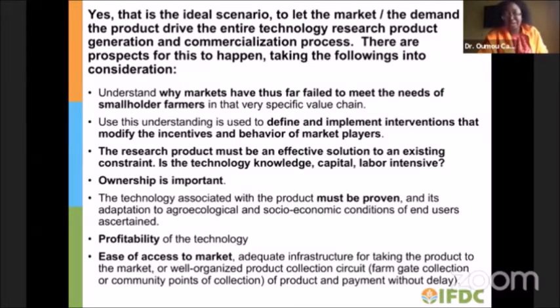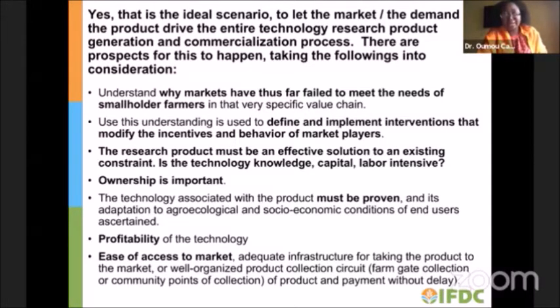So Robin's presentation was very interesting in that they have been able to do just that, and use this understanding of market failure, the causes of market failure, to define and implement interventions that modify the incentives and the behavior of market players.